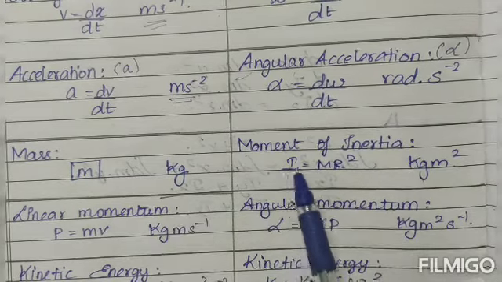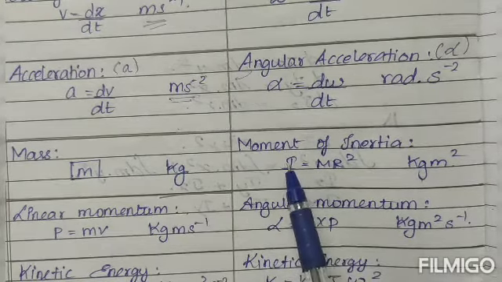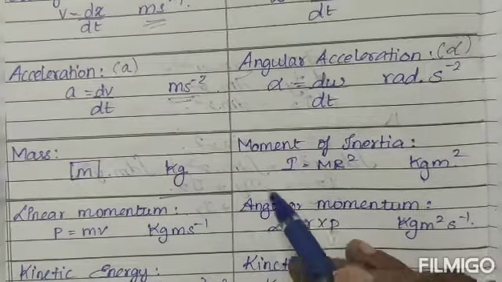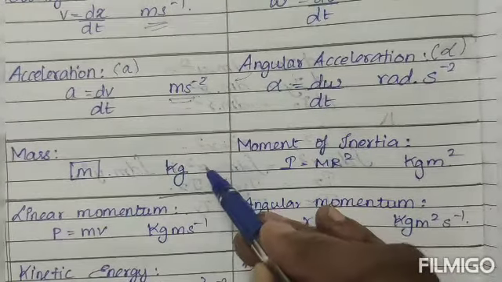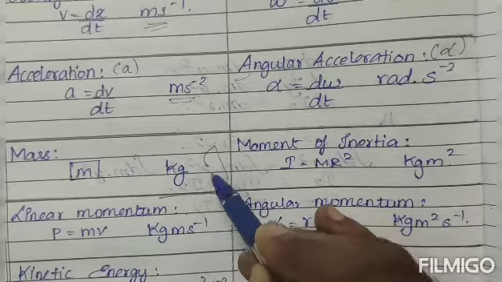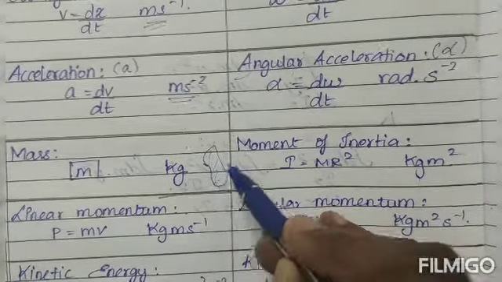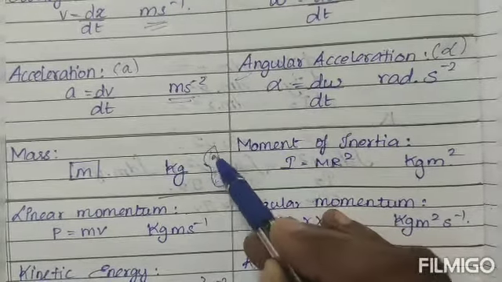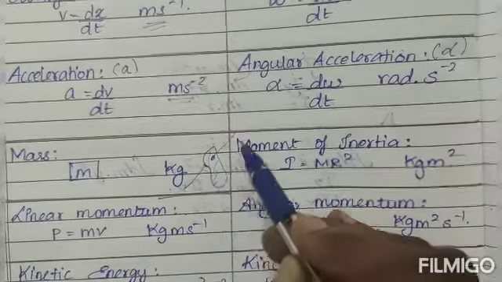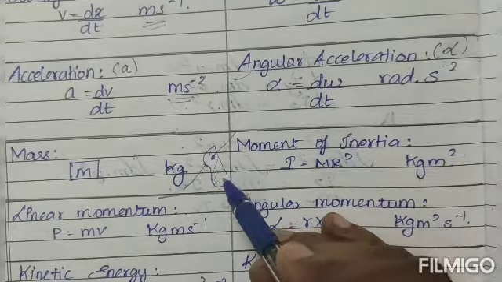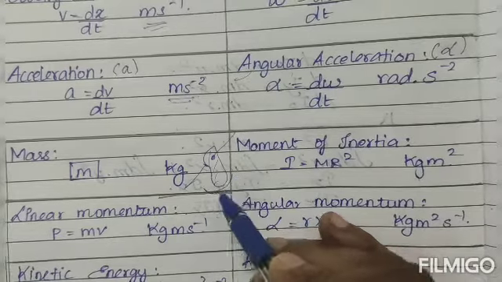But say for example, let us take some object, an irregular object. This is the object, and it has some axis. Now this object will be rotating like this.